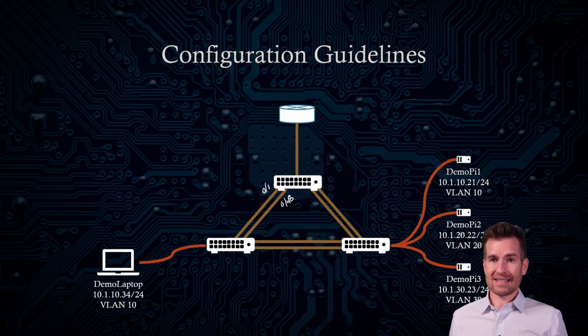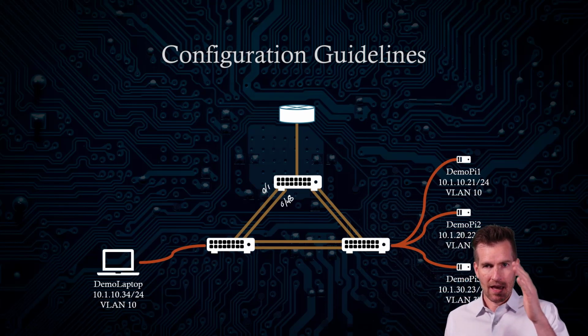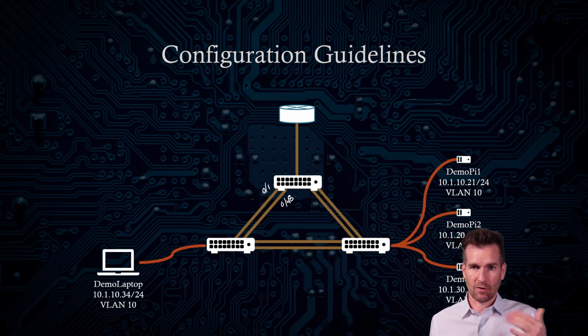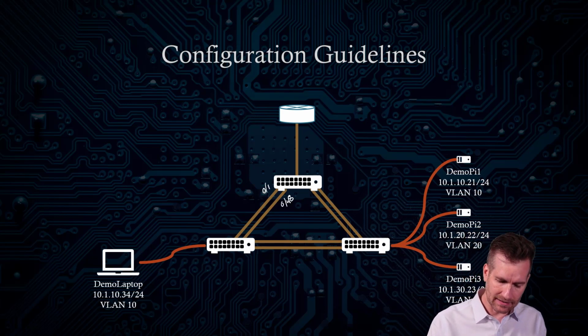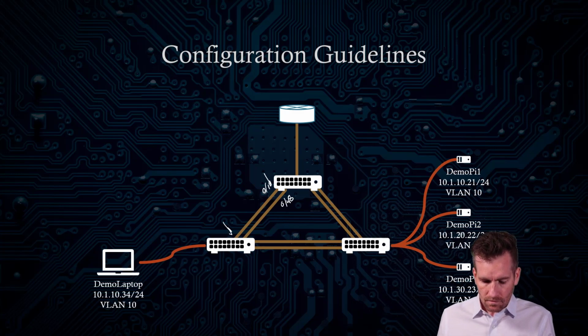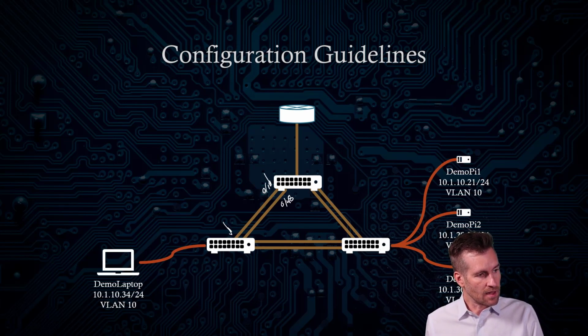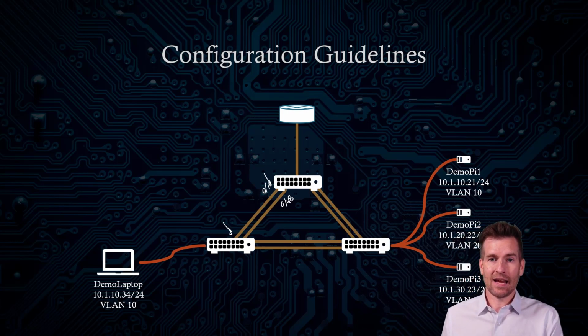The other thing is that you must have your configurations match on both sides, and there's several ways that they must match. First of all is the speed and duplex must be the same on both sides in order for this communication to happen. Otherwise, they're not going to make that same connection. Also, they must be the same type of port.